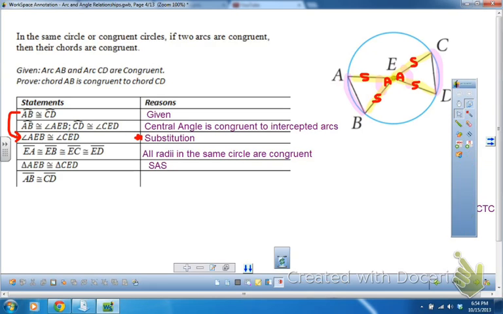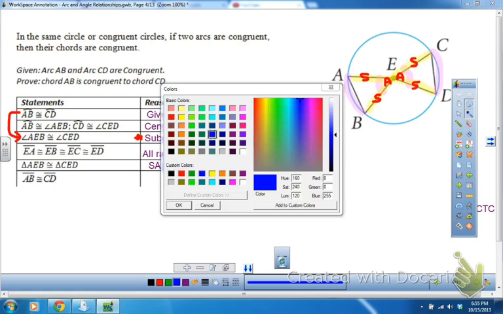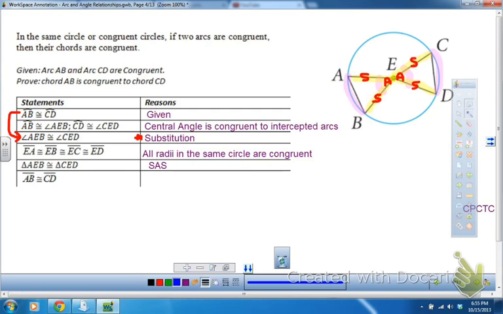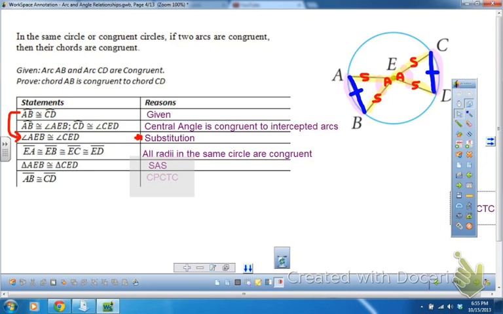Now that we've proven that the triangles are congruent, we can also say that this chord AB is congruent to this chord CD because those chords would be corresponding parts of congruent triangles. So by CPCTC, once we prove those two triangles congruent, chord AB and chord CD are now also congruent.